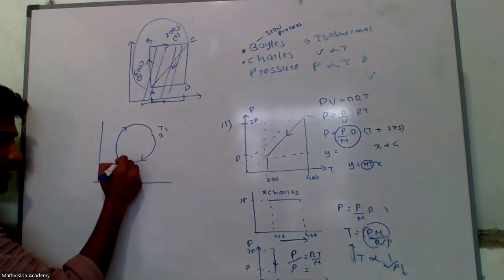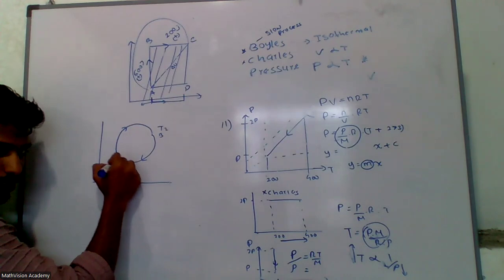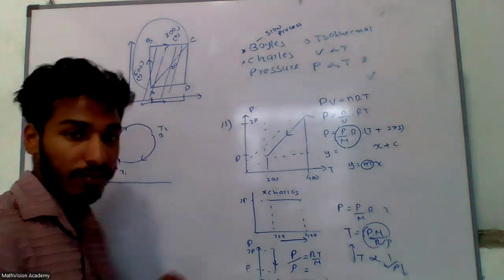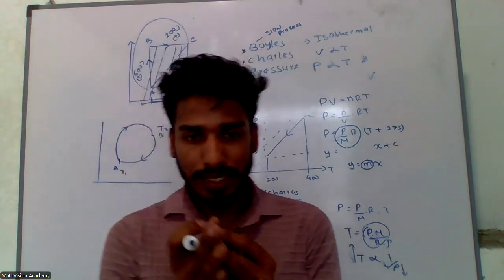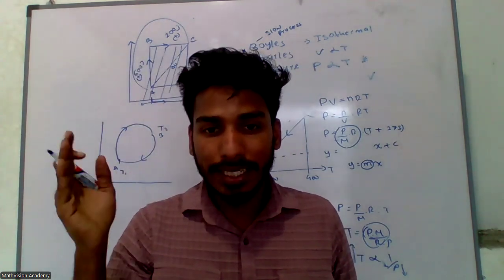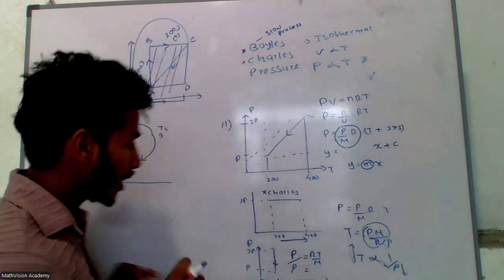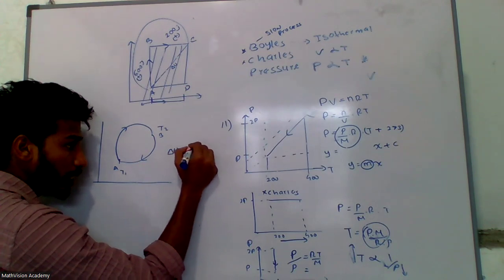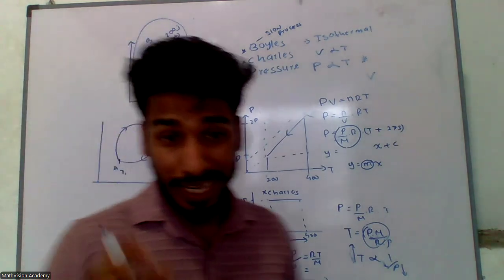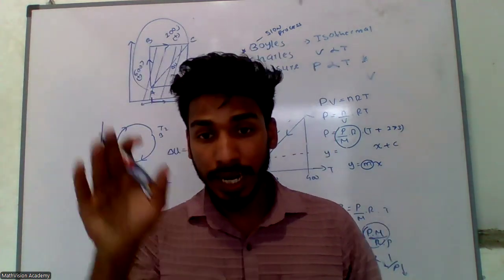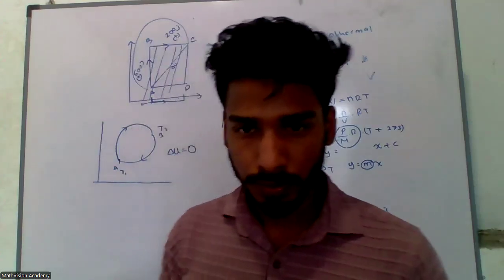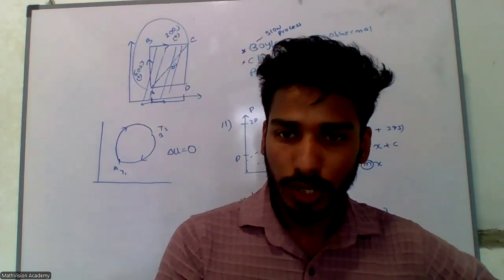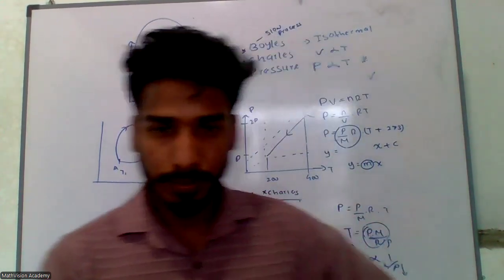So the temperature change throughout is T1 minus T1, which is 0. So you can see there is no temperature change. So you should understand the internal energy change has to be 0. That's why I have given return back to its initial state. So the internal energy change is equal to 0.